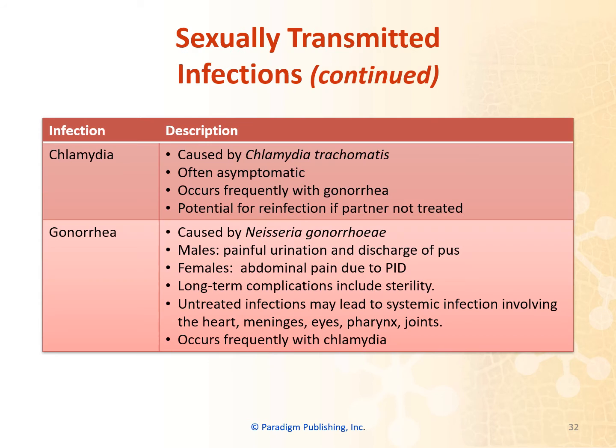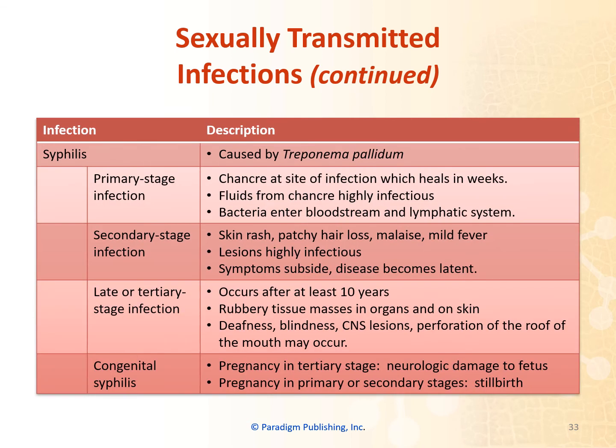We'll just go over briefly these sexually transmitted infections. If you want to read more about those, it begins on page 94 of your textbook. So we have chlamydia, gonorrhea. Those can be infected by your partner, but they're pretty easily treatable with a course of antibiotics if you're diagnosed.